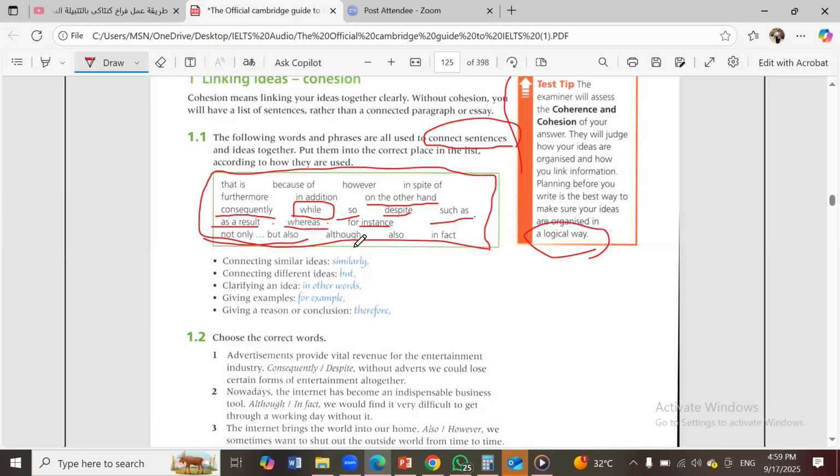So, although. Despite, in spite of. Although the internet, although the usage of the internet, although the applications on the internet or the online applications.